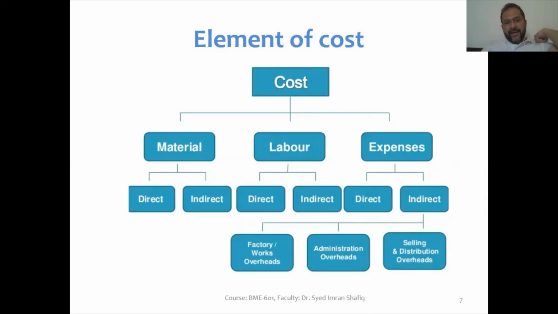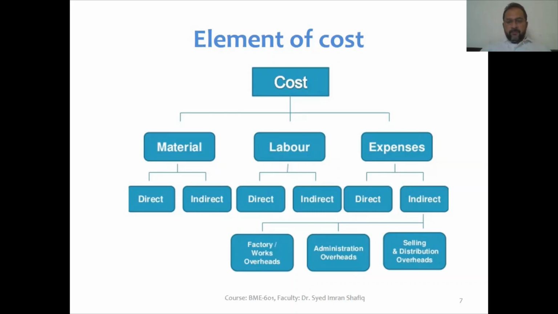Direct labor and direct material means, if the money is directly related with the product or it has been spent directly on the manufacturing of the product, it is known as direct material cost or the direct labor cost or the direct expenses.